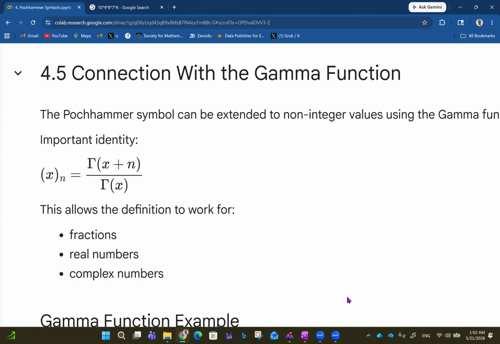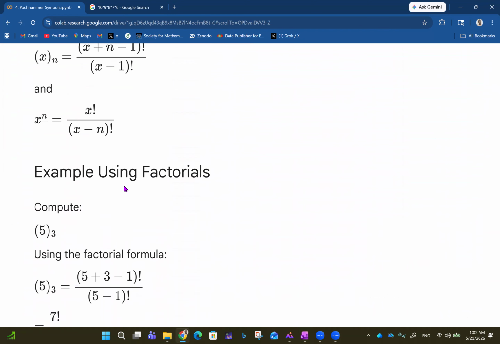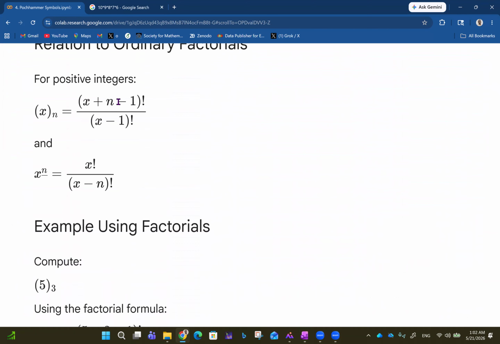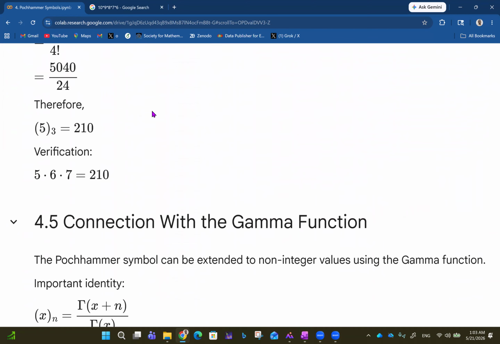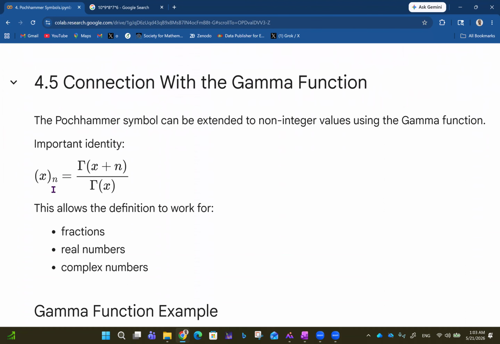So, connection with the gamma function now. What's the connection of Pochhammer symbols with the gamma function? The Pochhammer symbol can be extended to non-integer values using the gamma function. An important identity is that x sub n is gamma of x plus n all over gamma of x. Of course, that makes sense because it connects with the idea we came up with here. Since x plus n minus 1 factorial is the same thing as gamma of x plus n, and x minus 1 factorial is the same thing as gamma of x.